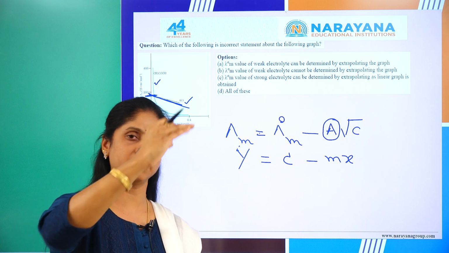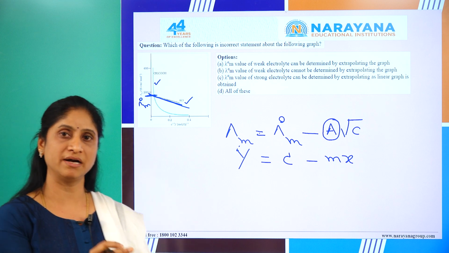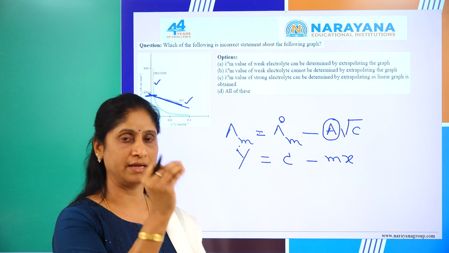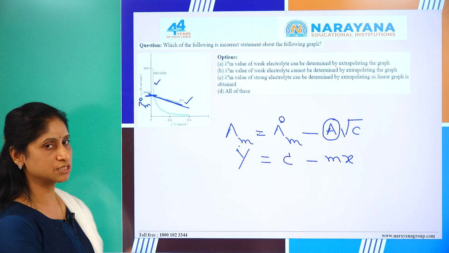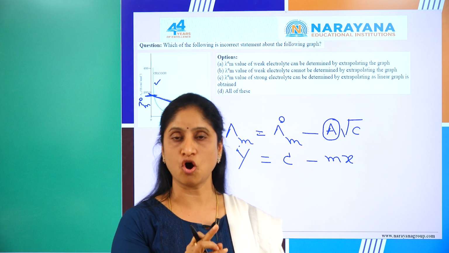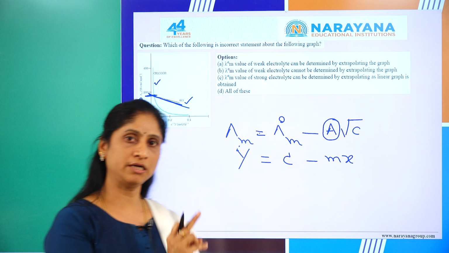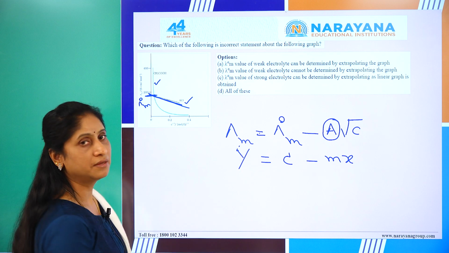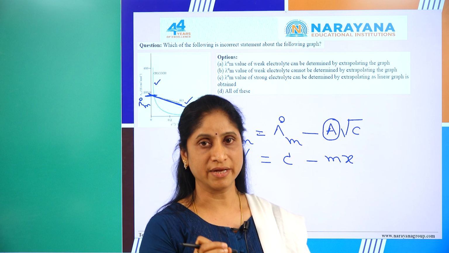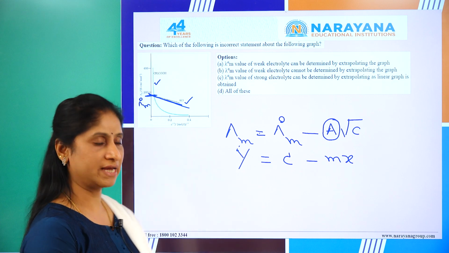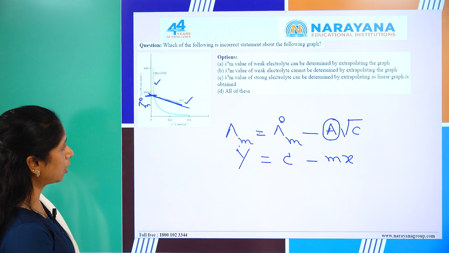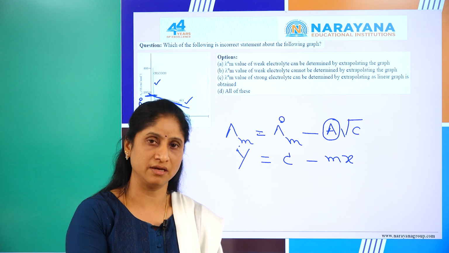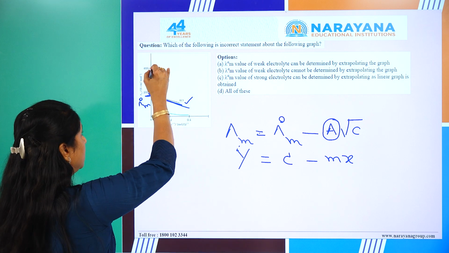What is the maximum conductance an electrolyte can show at infinite dilution? I can predict it by plotting molar conductance versus square root of concentration for strong electrolytes, but the same thing I cannot predict for weak electrolytes, because this equation is not valid for them. For weak electrolytes, if you increase the dilution, molar conductance does increase, but not linearly; the curve is like a rectangular hyperbola.